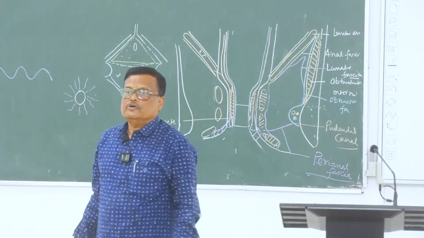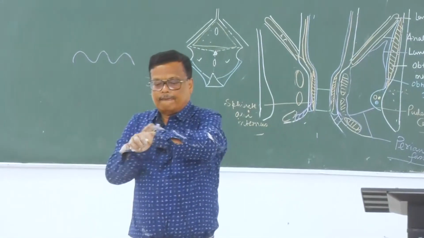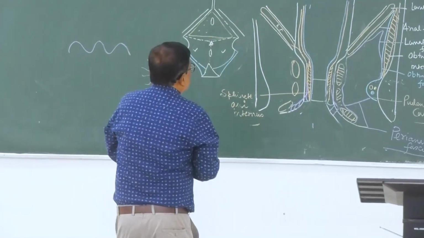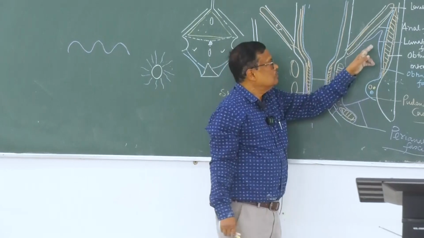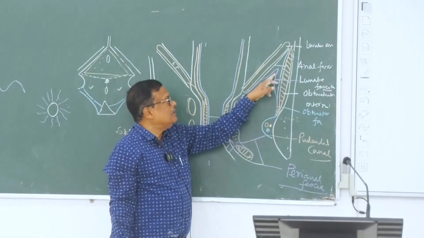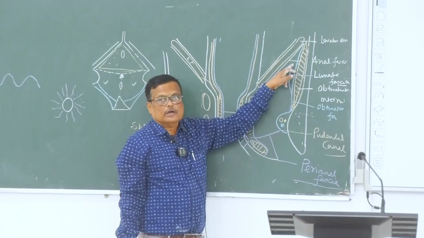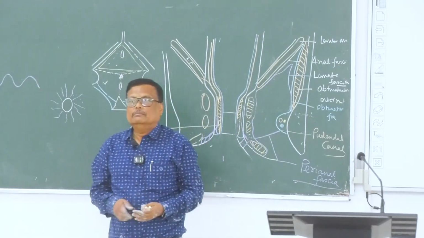Division of the ischio-anal fossa. খুব ভালো করে শোনো। This is the lunate fascia. And highest point of the lunate fascia we call tegmentum.